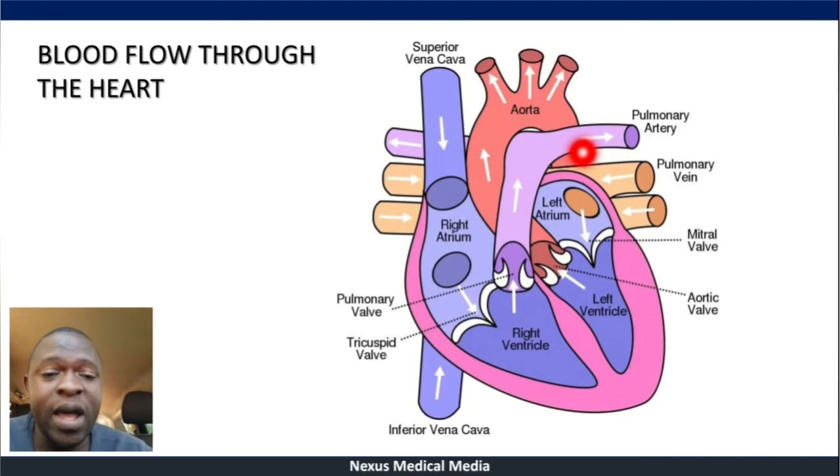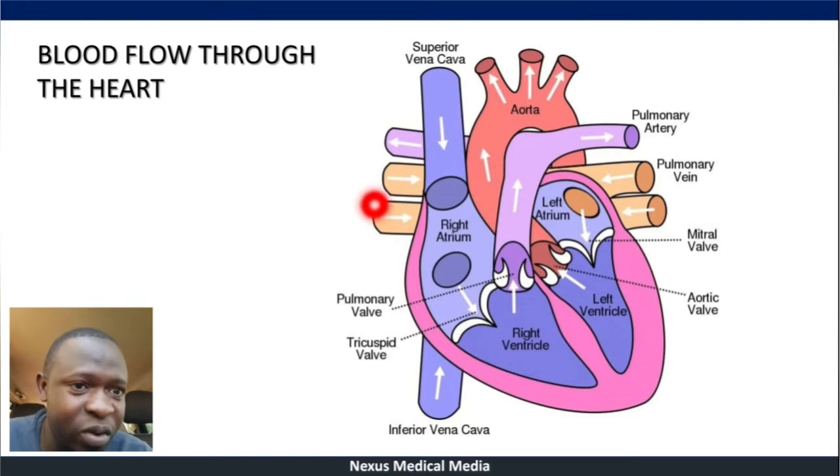Going to the lungs for gaseous exchange, right? So oxygenated blood now will come back through the 4 pulmonary veins, 1, 2, 3, 4, right? So this and this one are just going posteriorly, but they are all draining into the left atrium, these 4.